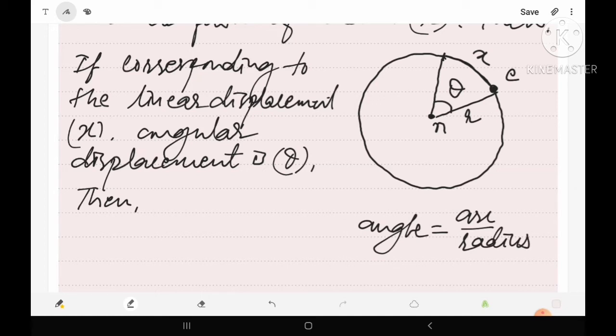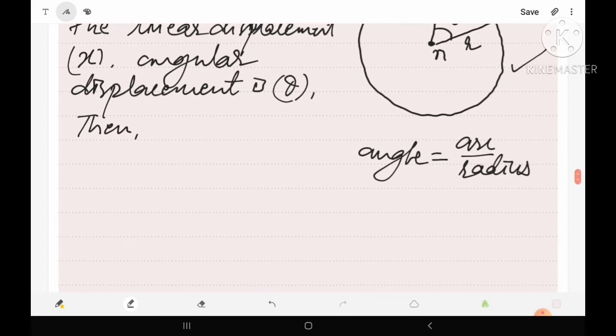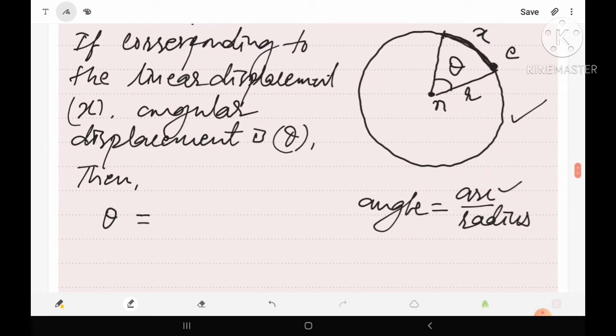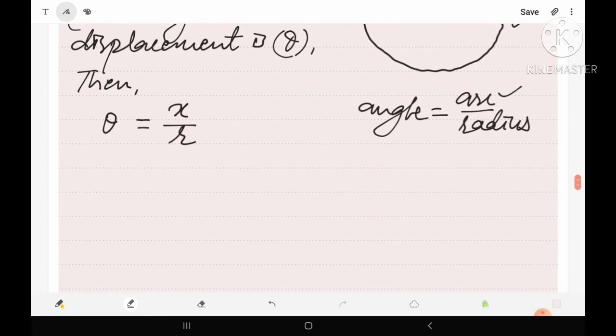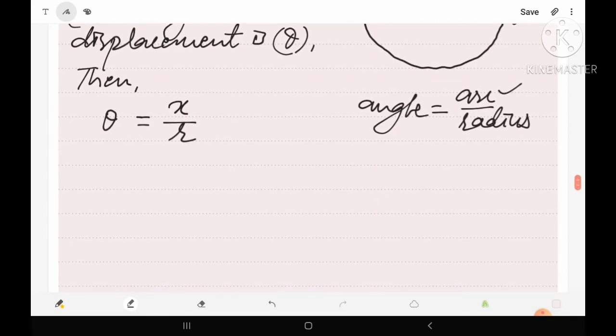Here angle means theta, and arc means x, upon radius r. So we have theta equals x upon r, where theta is the angular displacement, x is the linear displacement, and r is the radius of the circular path in which the electron is revolving.